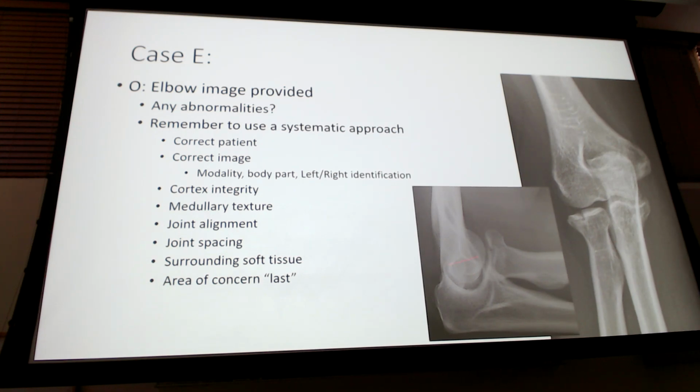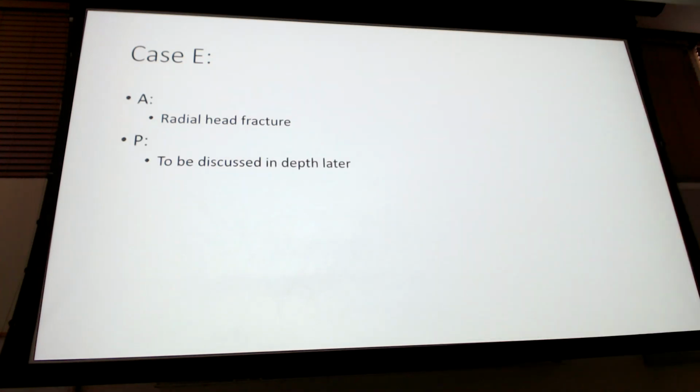That's why this image isn't showing the full soft tissue in the back of the humerus, because you don't need the posterior fat pad sign to pull out this abnormality. If this was a normal elbow x-ray, I would need to be giving you the full soft tissue area so you can appropriately fully evaluate it to make sure you're not missing something. Okay? But yes, that is a radial head fracture.